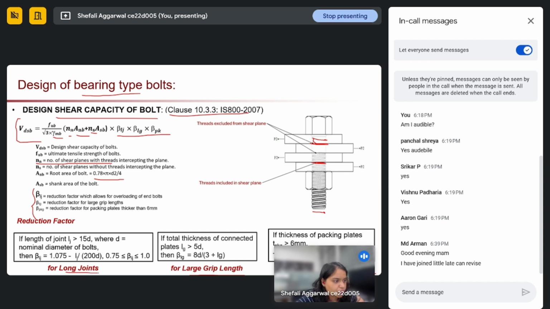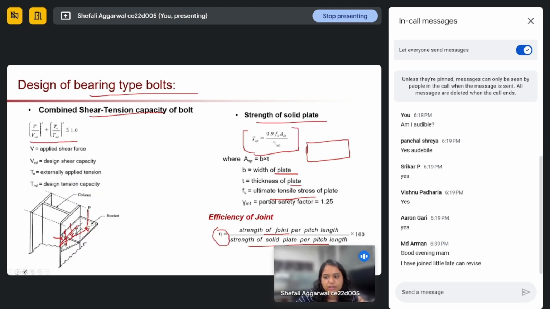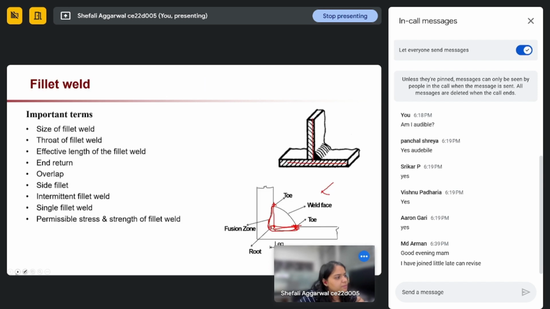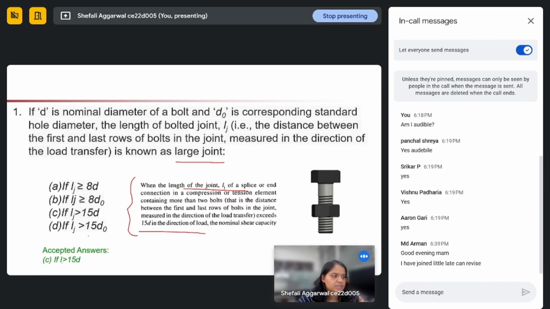So for a long joint, if the length of joint is greater than 15d, then we call it a long joint. Okay. So these are the questions which you can easily find in IS 800 and solve. The answer will be C, if Lj is greater than 15d. Is this part clear?